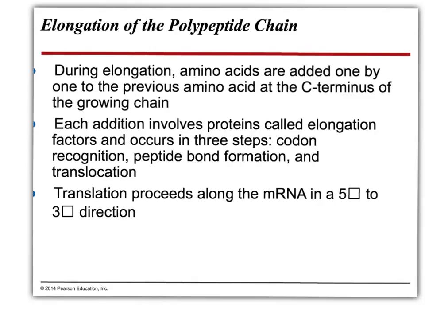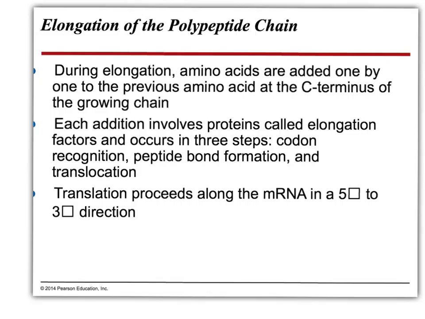Elongation. Amino acids are going to be added one by one to the previous amino acid at the C terminus. So we're going to link the N terminus, or the amine end, the amino terminus of one amino acid to the carboxy terminus of the preceding amino acid, making that peptide bond. Okay? Each addition involves elongation factors, again, oversimplifying. Codon recognition between the anticodon and the codon makes sure the right tRNA is there.